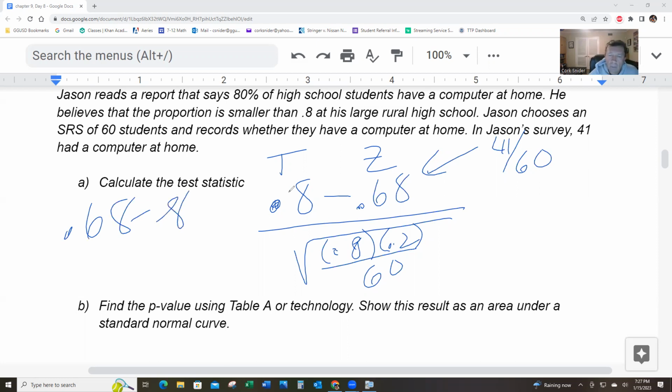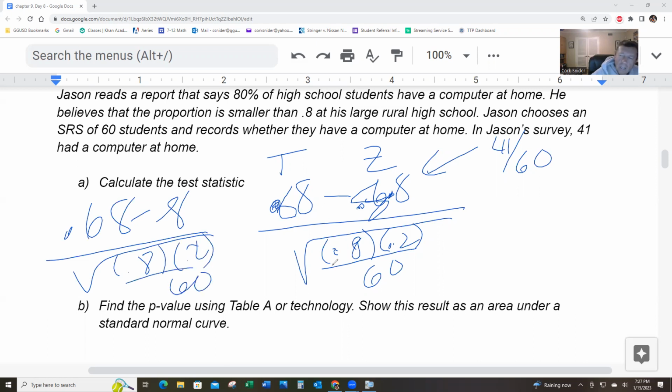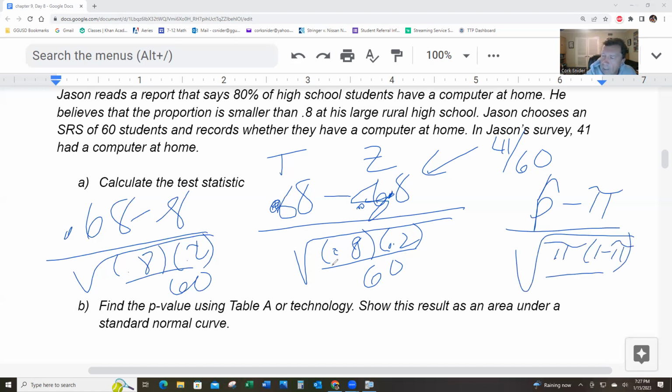It's 0.68 minus 0.8, divided by this particular standard deviation, 0.8 times 0.2 over 60. In its raw form, it's p hat minus pi, or p, divided by the square root of pi times 1 minus pi over n. That's on your formula sheet. And by the way, what I call pi, most publications are calling p, just without the hat on it. That's the population notation.